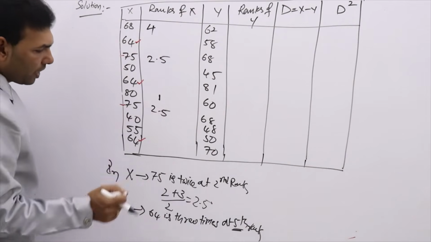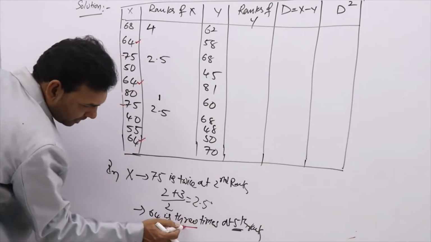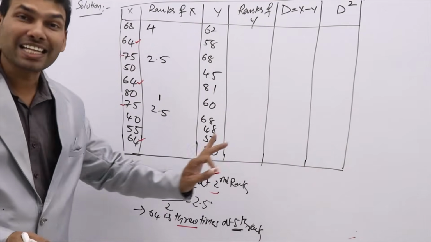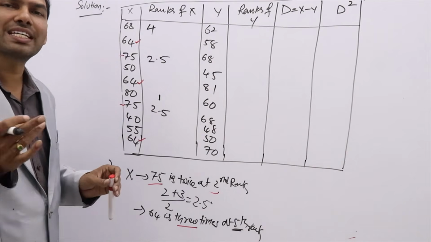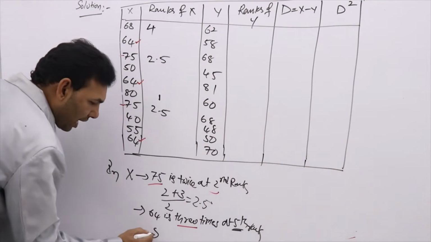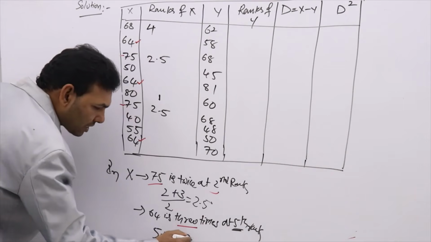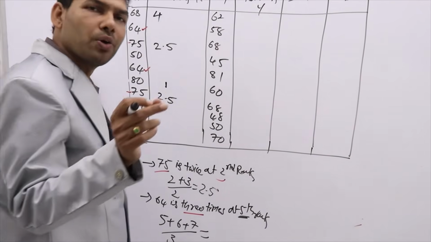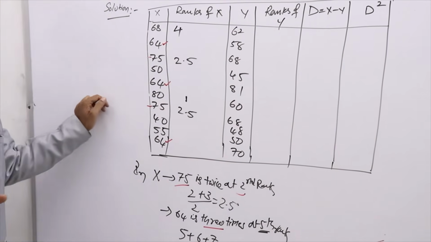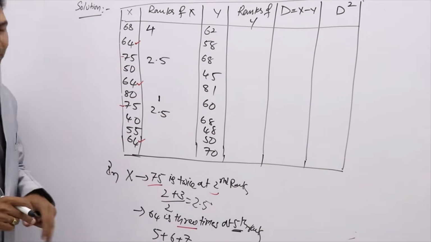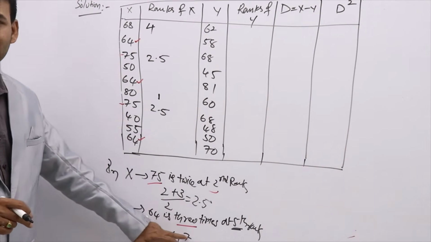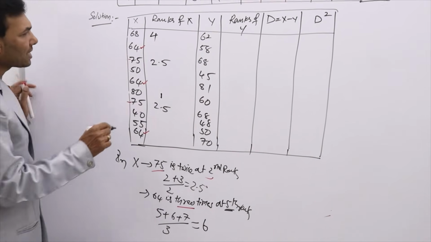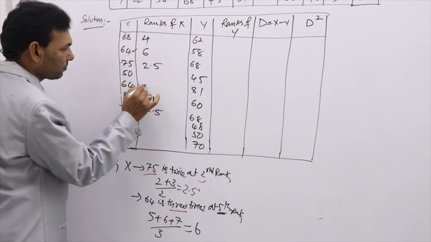So 64 at fifth rank is repeated 3 times. Take the average of 3 ranks from 5: after 5, 6, 7. So you need to take the average of 5, 6, 7 by 3. Whatever average value we get will be given to all three 64s. 5 plus 6 is 11, 11 plus 7 is 18. 18 by 3 is 6. This 6 will be given for the three 64s.